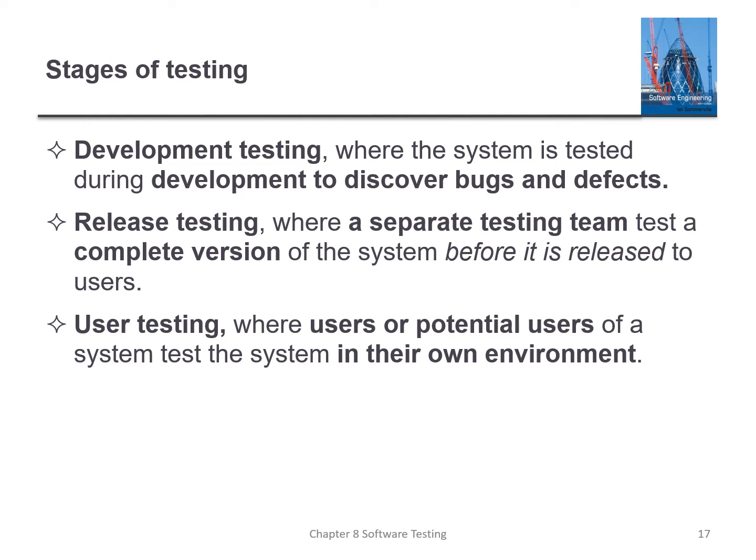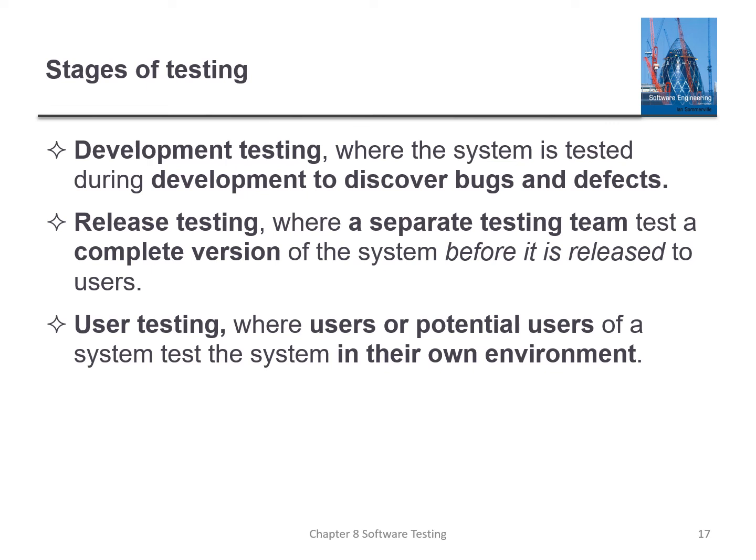Because it is done by somebody else who is not involved in the development, of course they have a different view, right? So maybe there are some errors that might not be discovered during development testing that can be identified here. This is done before the system is released to the user.